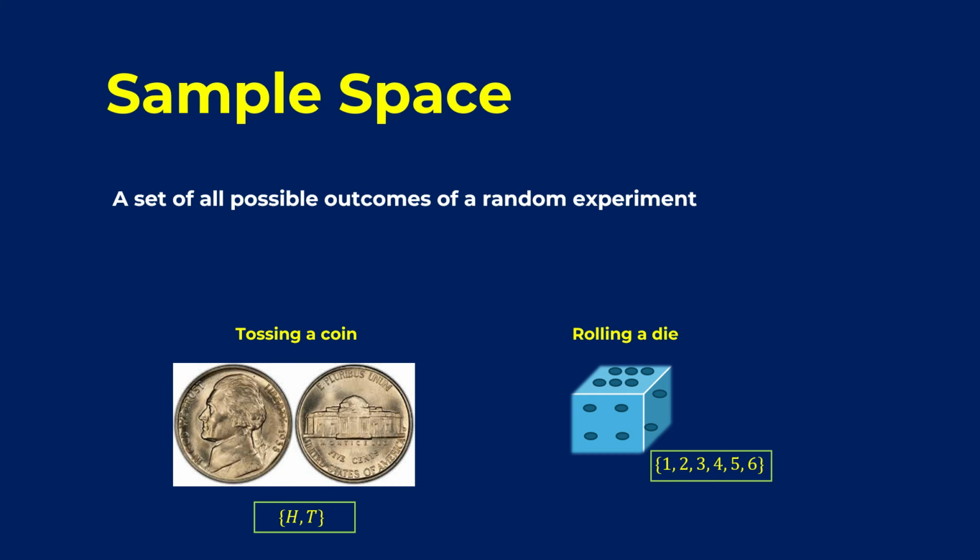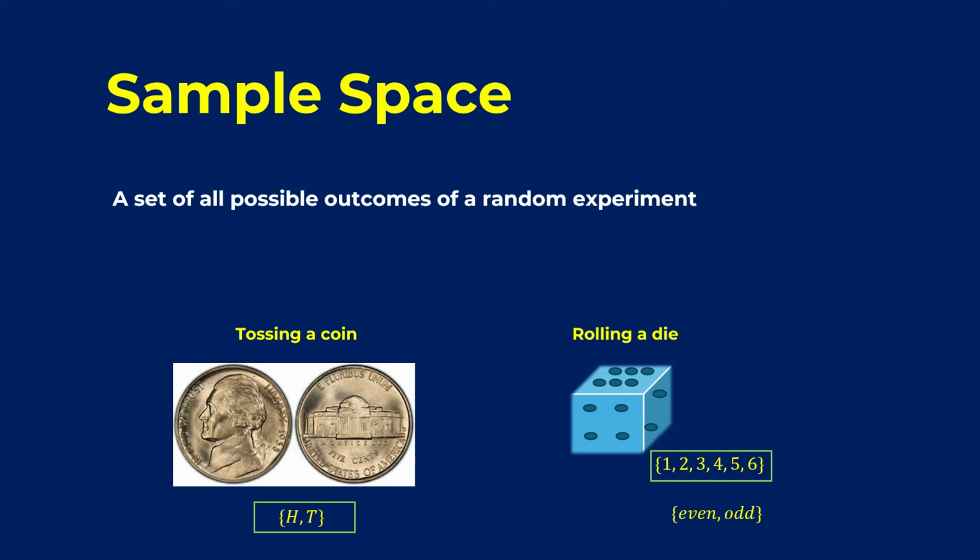Often, there will be more than one sample space that can describe outcomes of an experiment. For example, in the rolling a die example, one sample space is the set consisting of numbers from 1 to 6, and another is a sample space consisting of even and odd categories, that is, whether the outcome of the roll is an even number or an odd number.